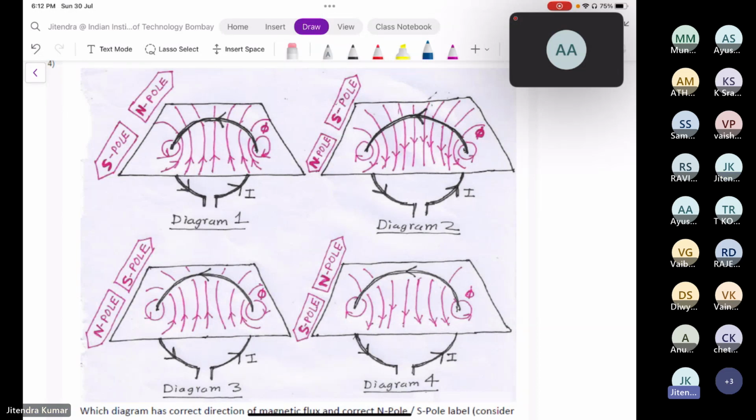Anybody? Anyone knows the answer of this problem? Please raise your hand.